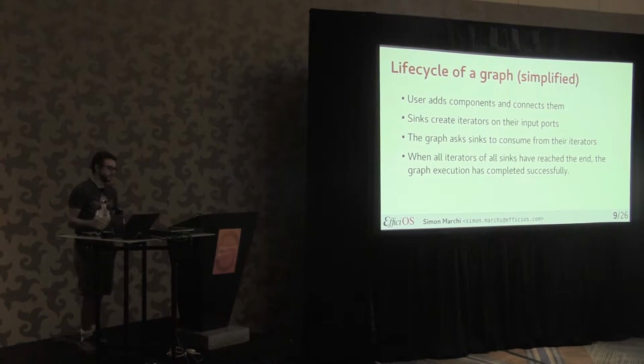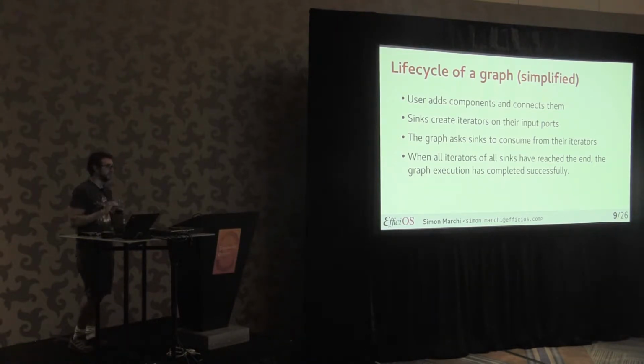Once that's done, the graph repeatedly tells all the sinks, go ahead and consume from your iterator. This is in a loop as long as we're not done. This is what makes the conversion process or the analysis progress: the sinks pull events, or messages, I should say, from the upstream, and it makes everything progress. And when, let's say, a source is done, it will send its stream end message, or it can actually have multiple streams, but it will close all of its streams.